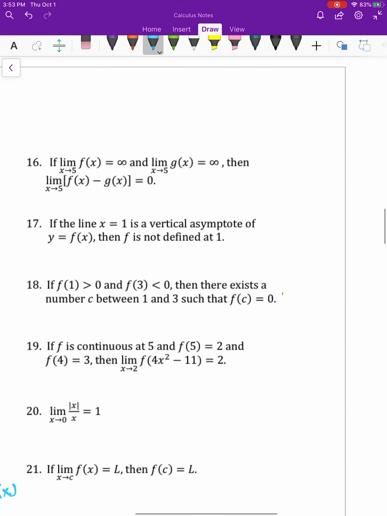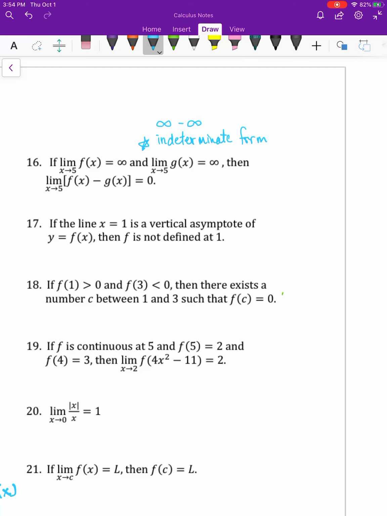16, if the limit as x approaches 5 of f of x is infinity and the limit as x approaches 5 of g of x is infinity, then the limit as x approaches 5 of f of x minus g of x is 0. Well, if you're thinking about it, okay, what about infinity minus infinity? Is that 0? This is called an indeterminate form. That means it might be 0, but you cannot say that this is going to be 0.